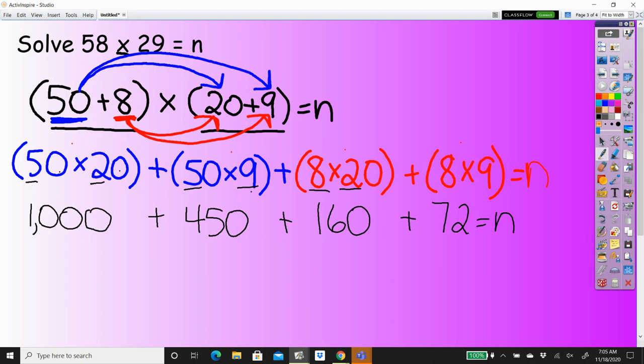Step 4 of the distributive property says I must now add all these partial products together. Now it's very difficult to add from left to right. So we rewrite this addition vertically, one on top of the other, making sure we line up all the numbers according to their place values.